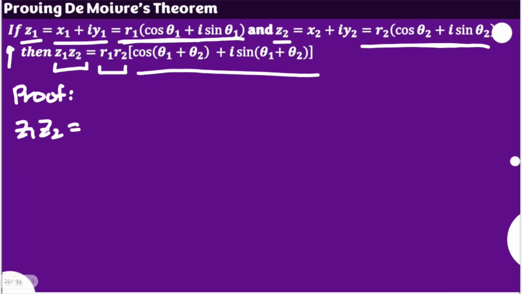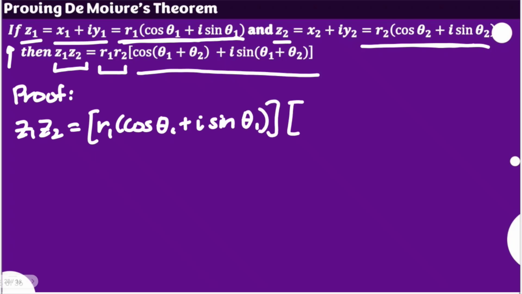So you will have the first one, r sub 1 times cosine theta sub 1 plus i sine theta sub 1, times r sub 2 times cosine theta sub 2 plus i sine theta sub 2. Okay, so we are going to multiply them.